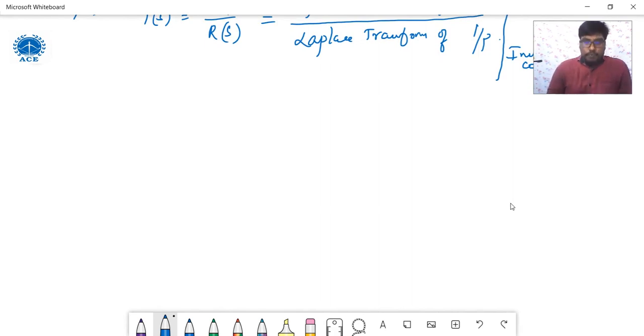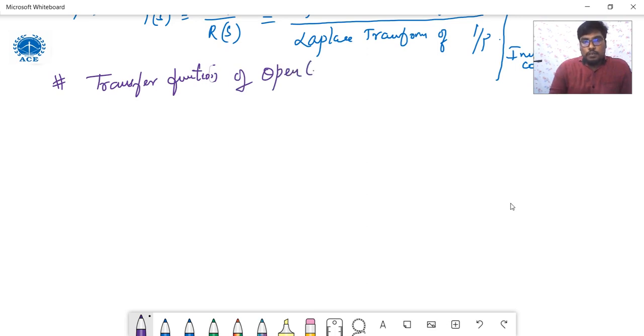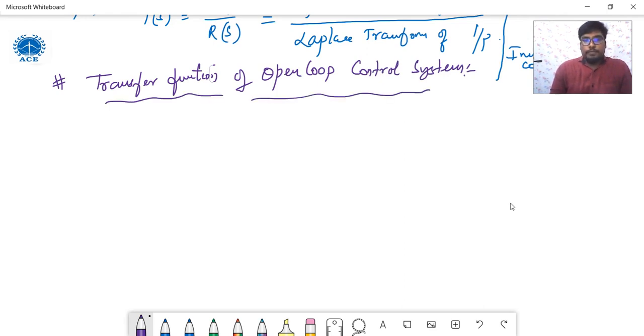Okay, now we will see the transfer function of open loop control system. So this is only forward path.